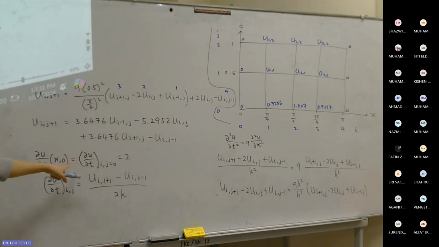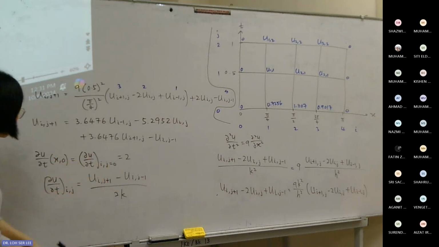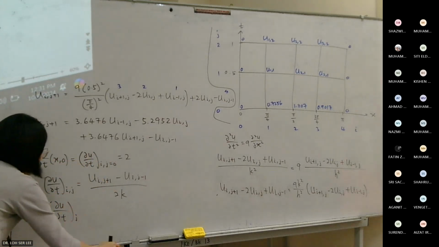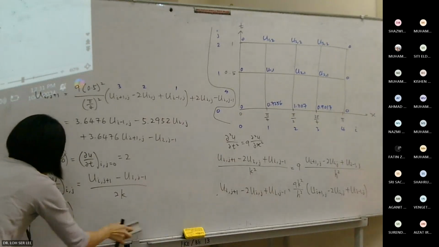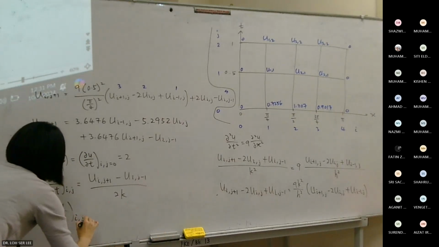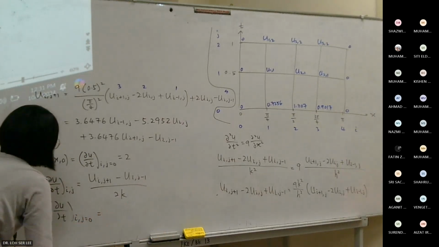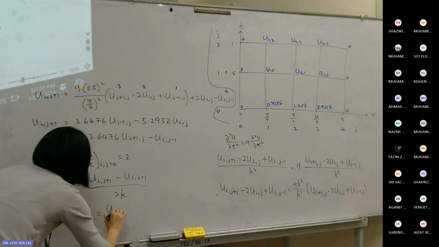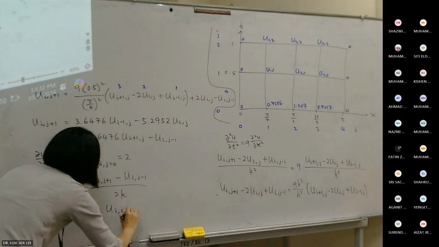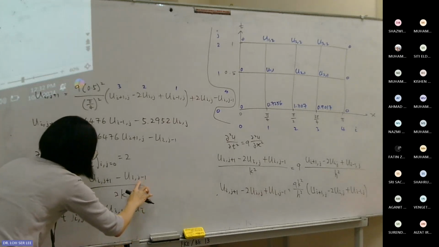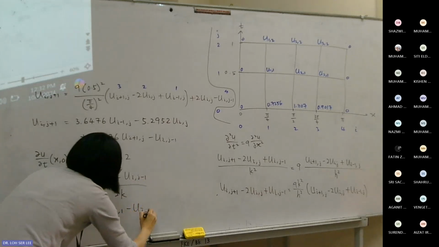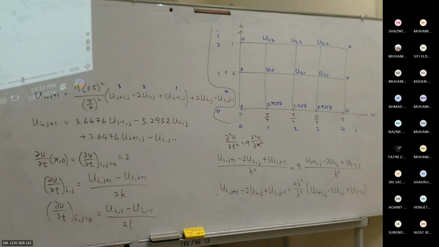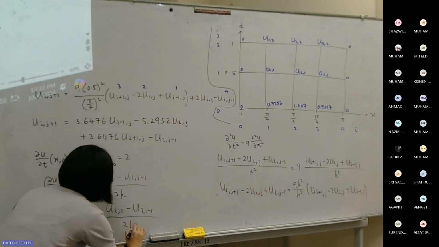Okay, so our case is j equals to 0. So when j is 0, you have ui1 minus ui 0 minus 1 to get -1. Your k is 0.5.